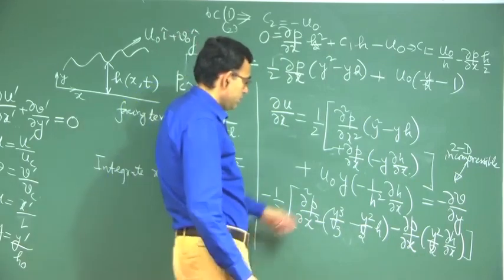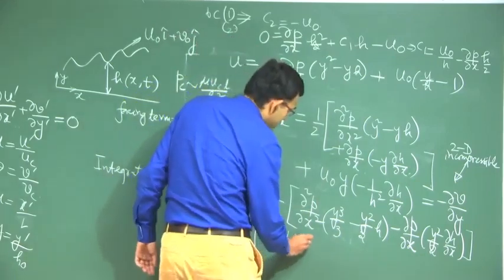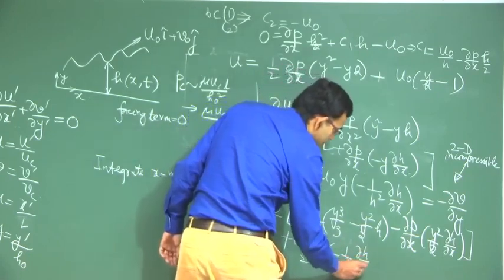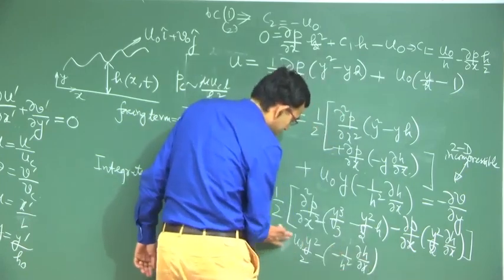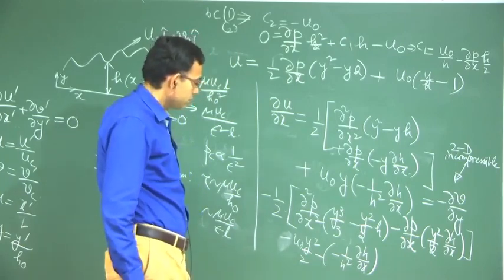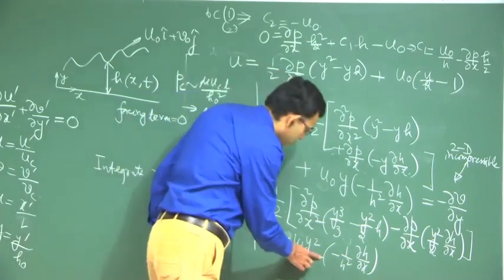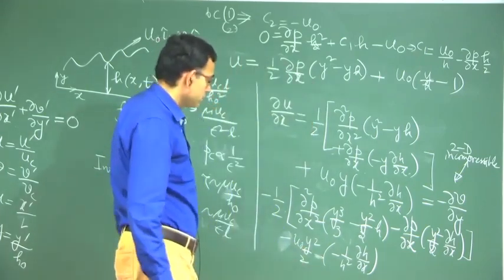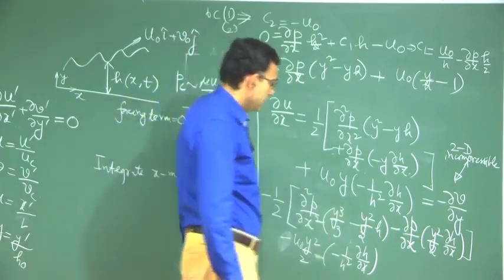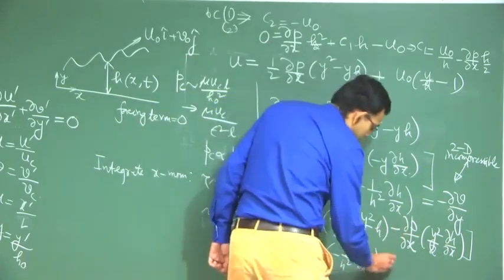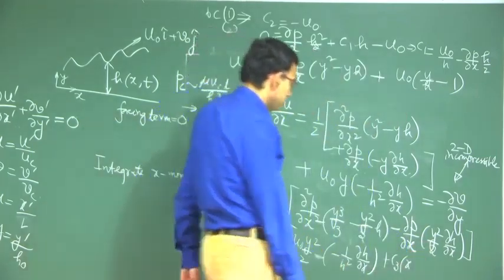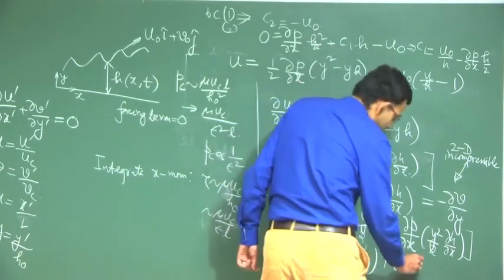Then next term is u naught y square by 2, this is minus u naught y square by 2 into 1 by h square. So, this plus C3 x.